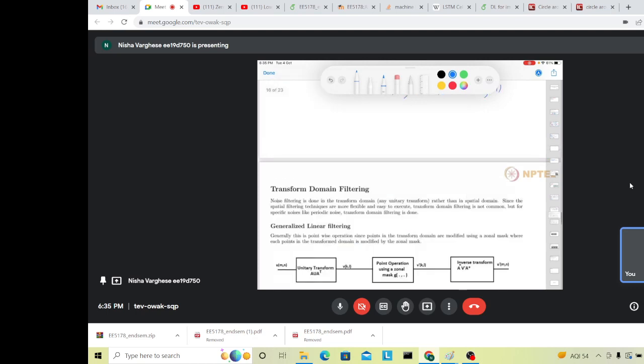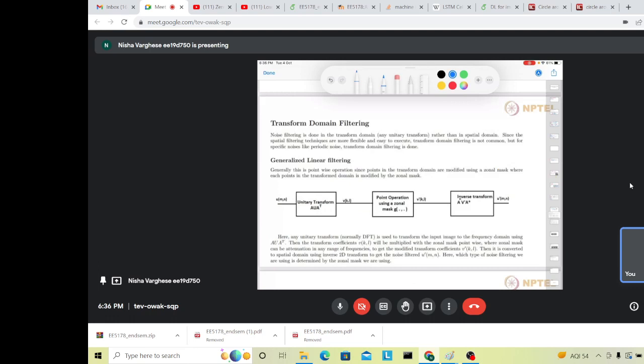Until now we did filtering in the spatial domain itself, but we also have transform domain filtering. For that we will convert the image to the transform domain first. So you have an image like this, using any unitary transform, like we have DFT. We can use the Kronecker product to find the 2D kernel to convert that to V_KL, or you can use A U A transpose. At last you will find the kernel for a transform like this.